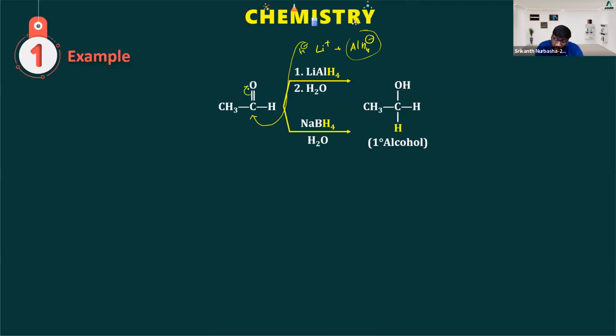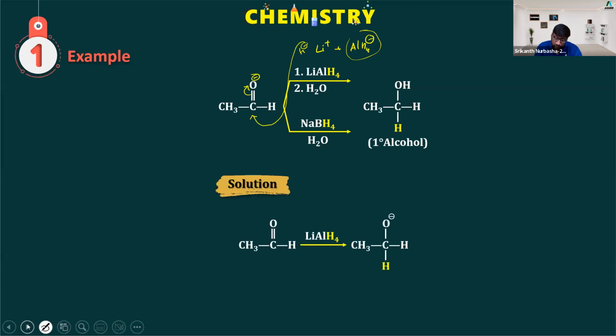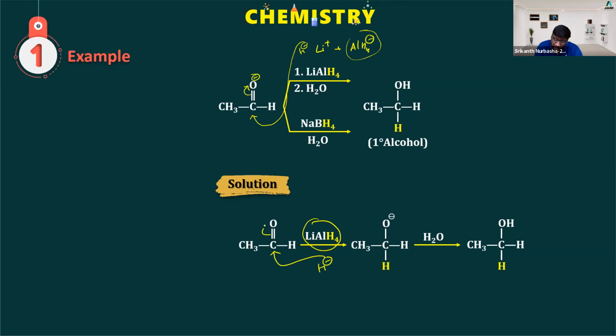The pi electron density moves away, and you get a negative charge on oxygen. This negatively charged oxygen picks up the proton, which will be from water. Lithium aluminum hydride generates the hydride ion that attacks this carbon, pi electron density moves away, and the negatively charged oxygen picks up the proton from the water.